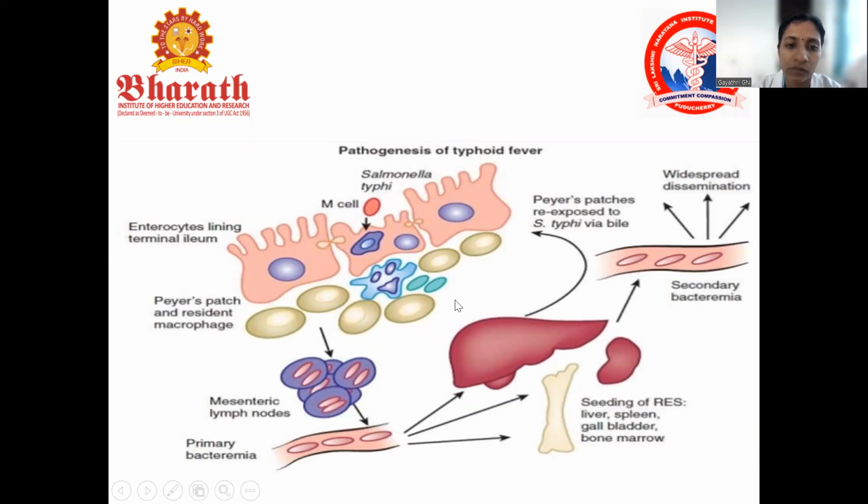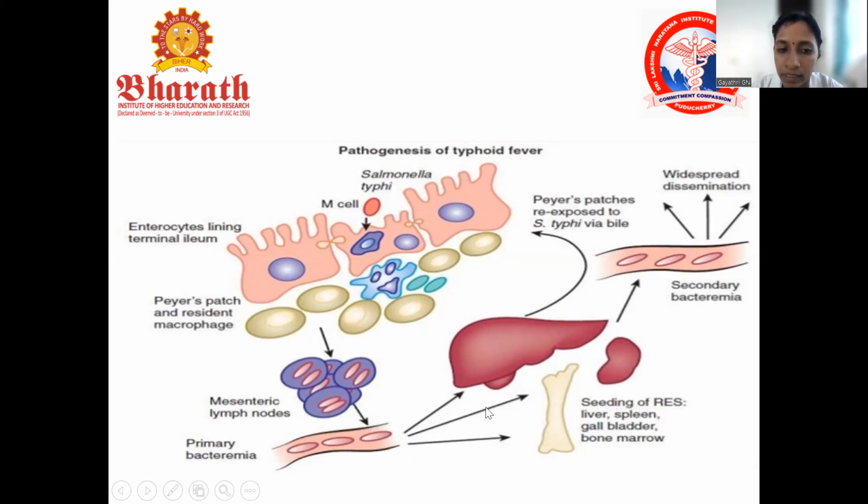So, as we discussed here, the terminal ileal enterocytes have M cells, antigen presenting cells. Salmonella attaches and then gets into the Peyer's patches and the resident macrophages. From there, they go through the mesenteric lymph nodes leading to primary bacteremia.